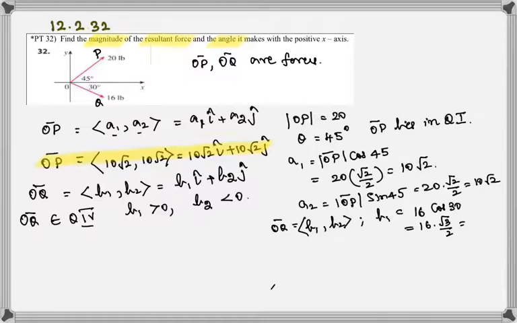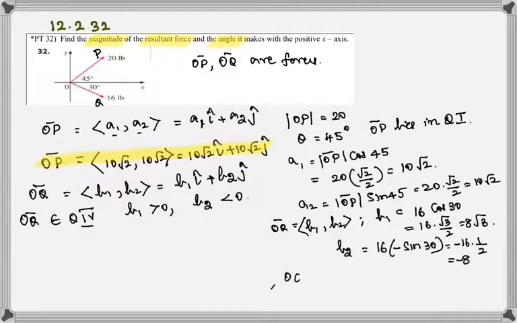So the x component of OQ would be equal to 8 square root of 3. Then B2, the y component, is 16 times negative sine of 30, measured in the opposite direction. So it is going to be negative 16 times sine 30, which is 1/2, so just negative 8.